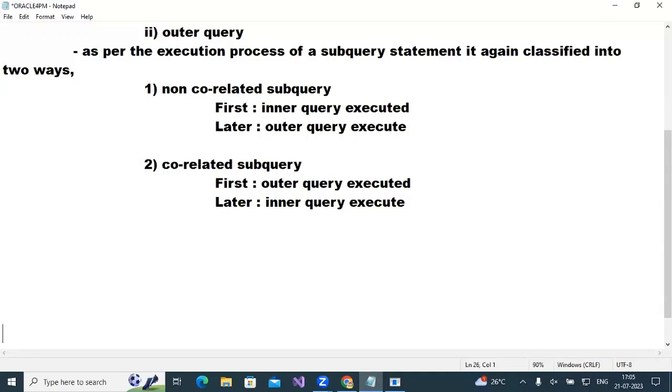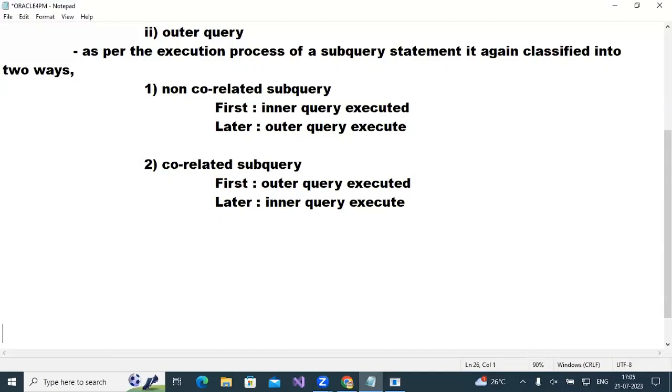Both execution mechanisms are different, but both are supported. You can say first inner, later outer, and that mechanism is correct. Otherwise, you can say first outer, later inner, and this is also correct.